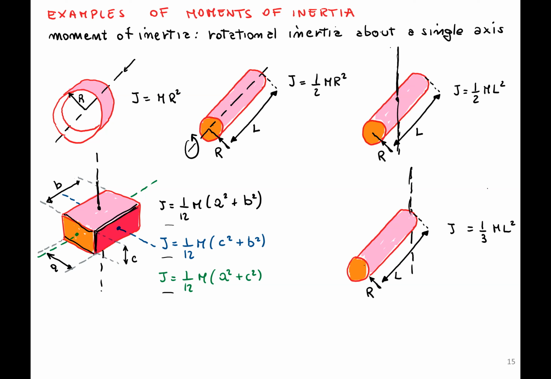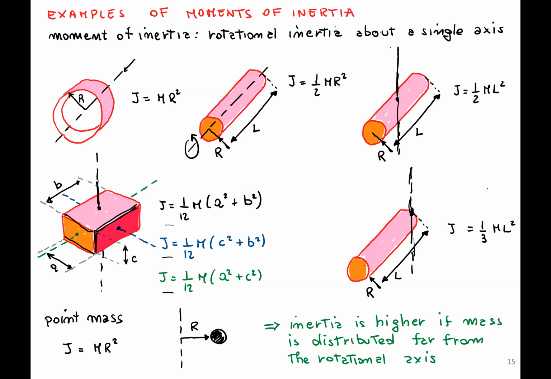The axis could be passing through, for example, the edge of the body. This is the moment of inertia of a bar rotating around an axis about this edge. And in case of a point mass, if it is rotating about an axis, we compute the moment of inertia as mr², where r is the minimum distance with respect to the axis. That's why the inertia is usually higher if the mass is distributed far away from the axis of rotation.